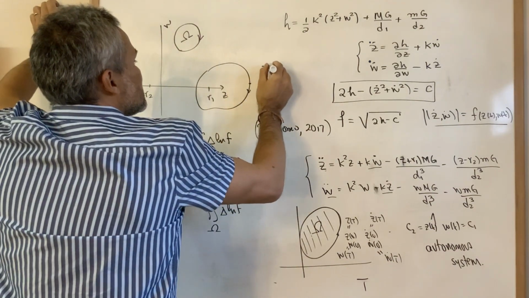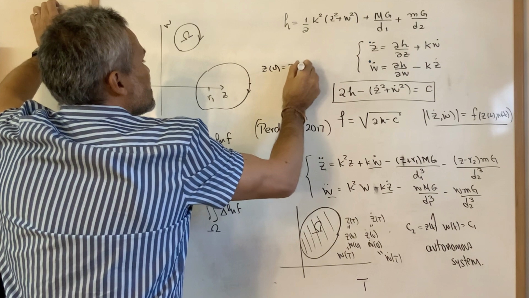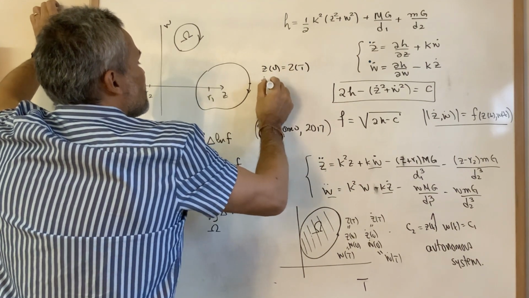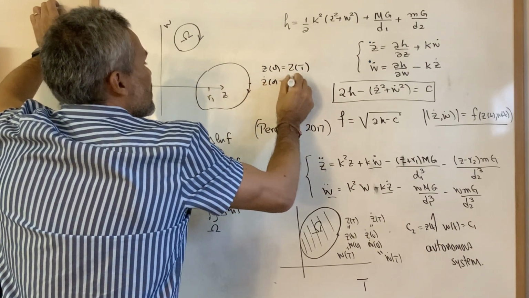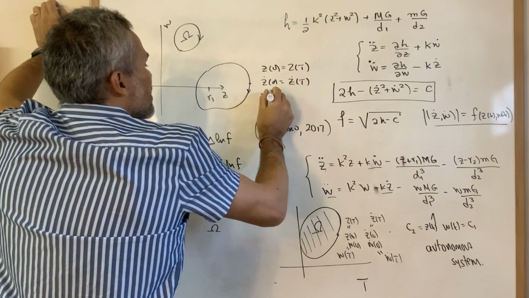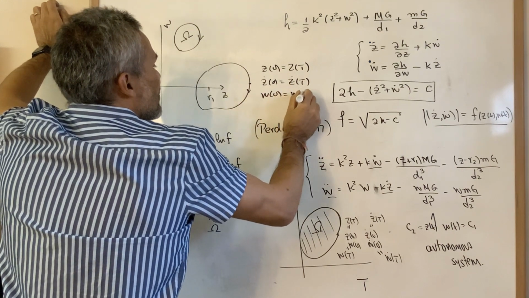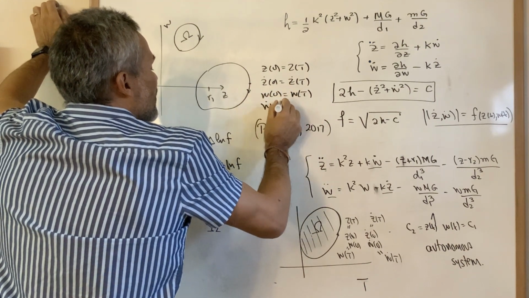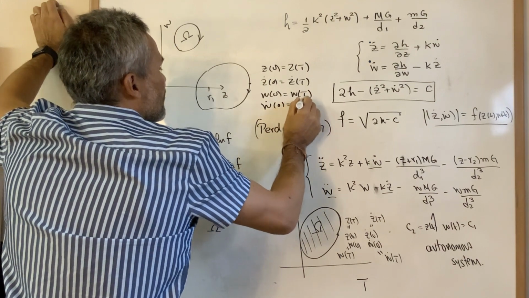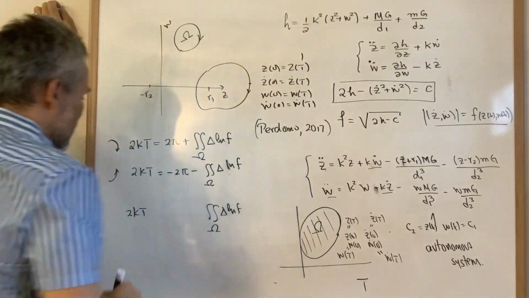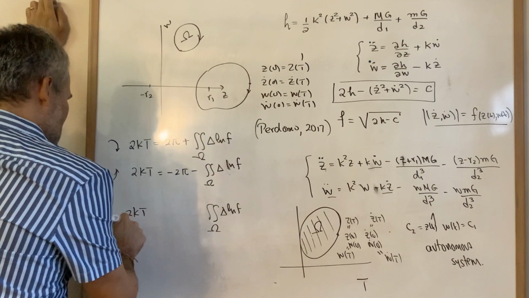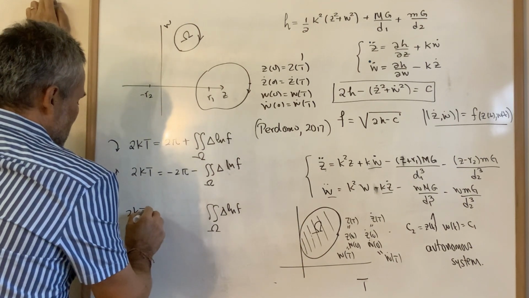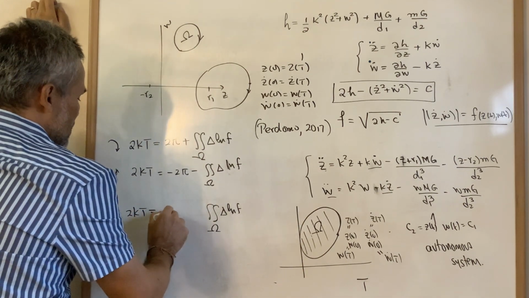We have that c of 0 equals c of t, c prime of 0 equals c prime of t, w of 0 equals w of t, and w prime of 0 equals w prime of t. This is the t that I'm referring to here. 2k times t is equal to just pi.